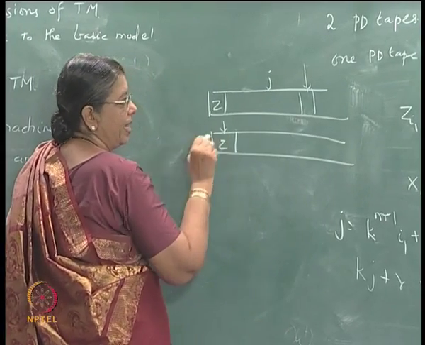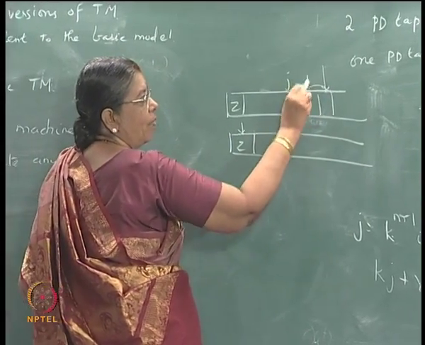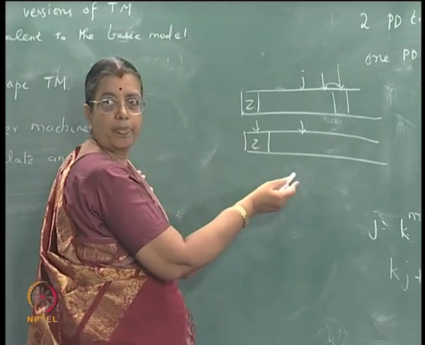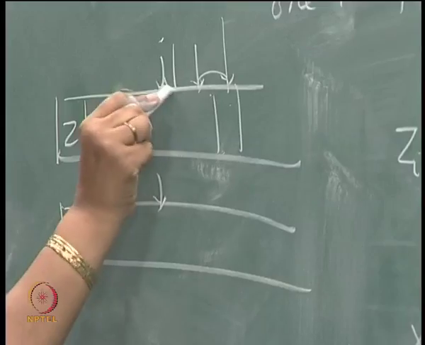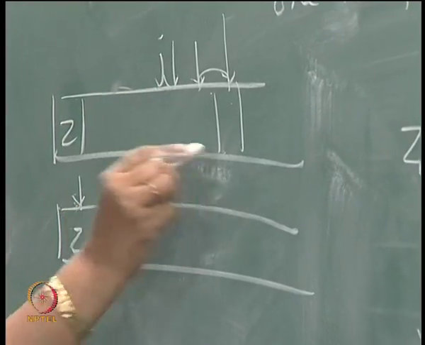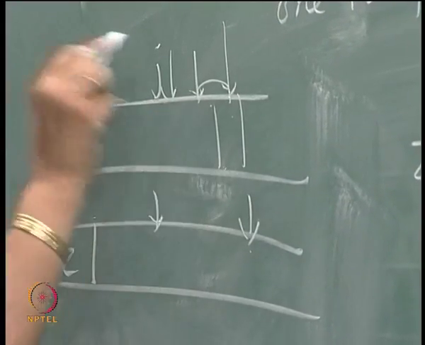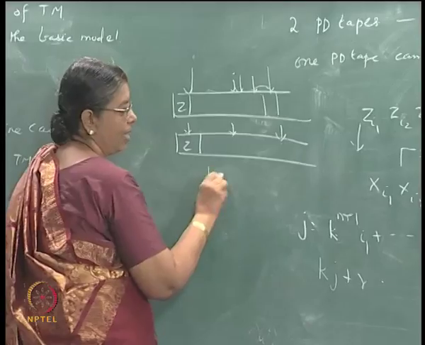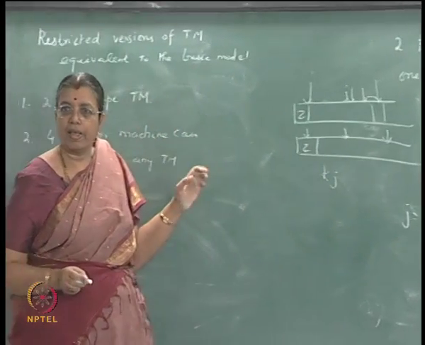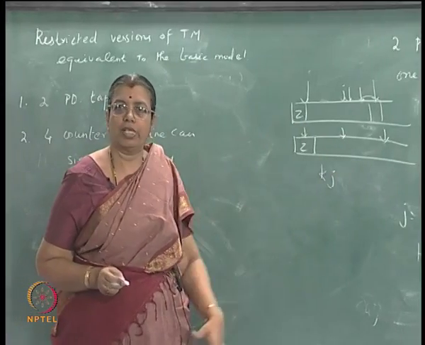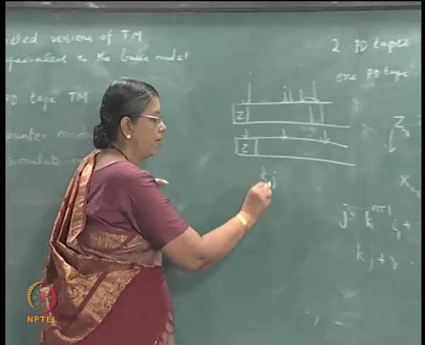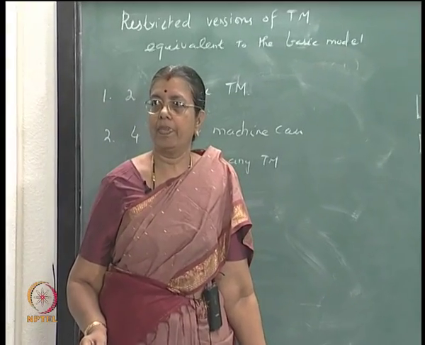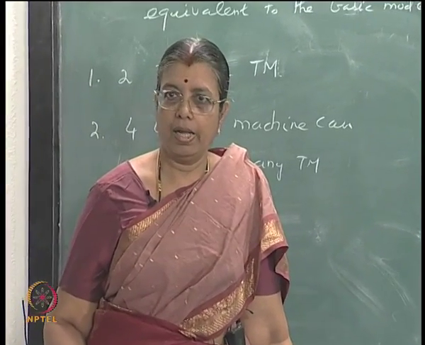This head will be here initially. Move this one cell to the left, move the other one k cells to the right. Move this one cell to the left, move the other one k cells to the right. When this reaches Z, the other will be somewhere representing kj. Then move it r more cells, then you will have kj plus r in the second tape, right.